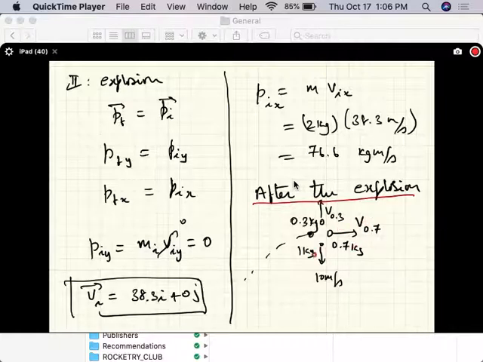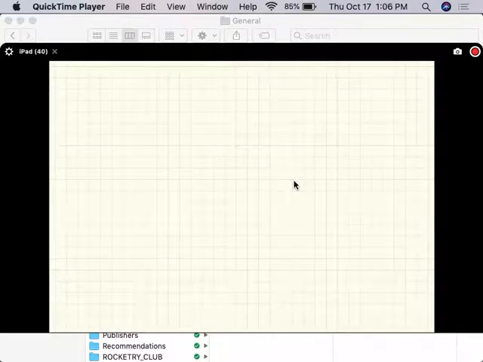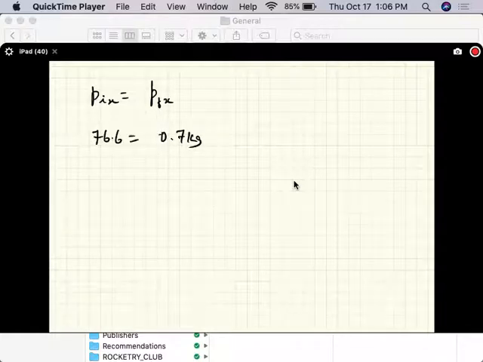So P initial x should equal P final x, and that's 76.6, which should equal 0.7 kg times the velocity of the 0.7 kg object.